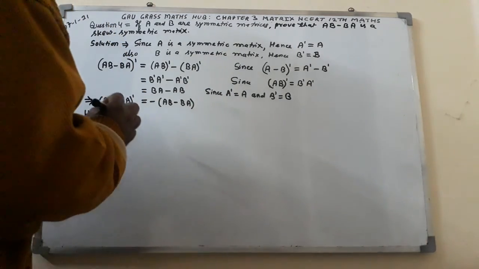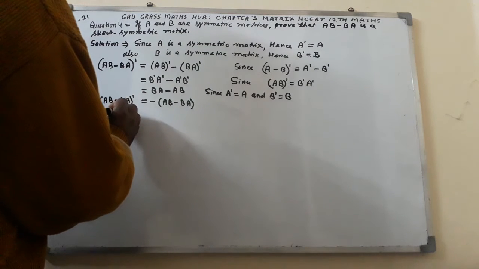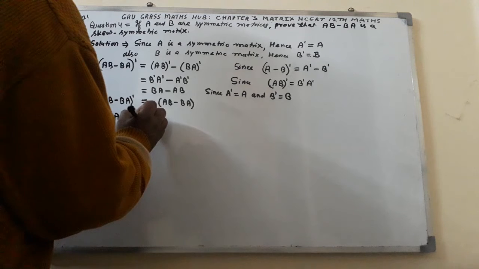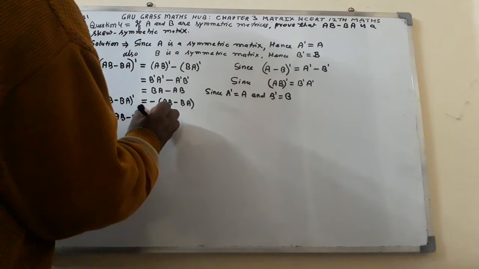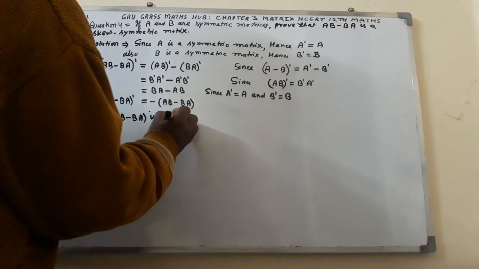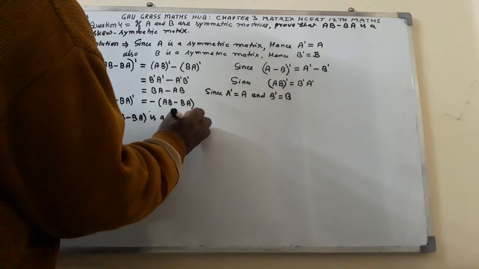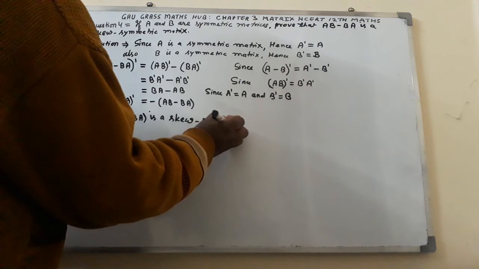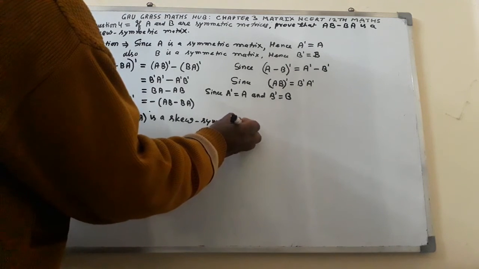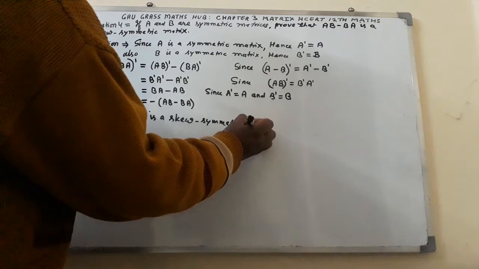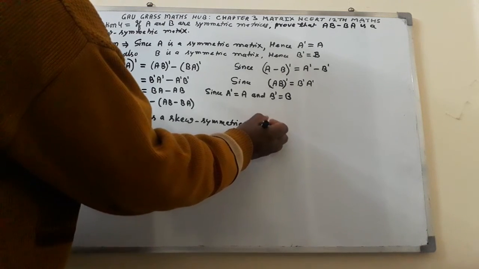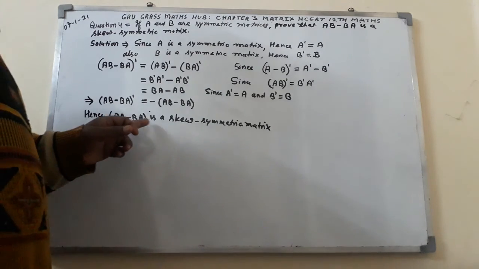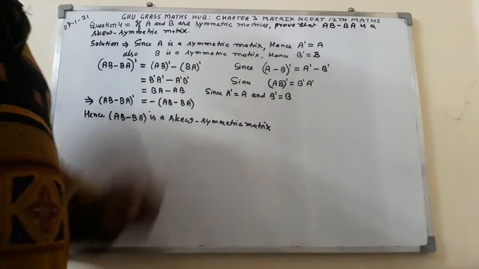Hence AB minus BA is a skew symmetric matrix.